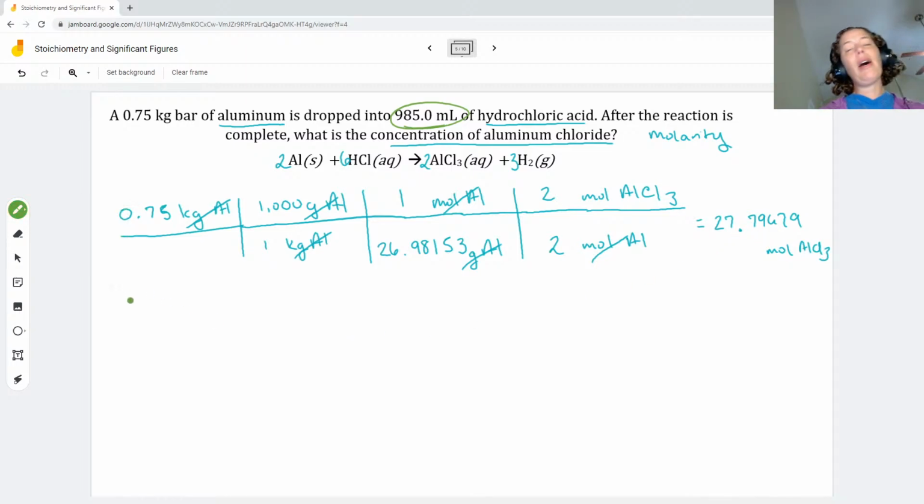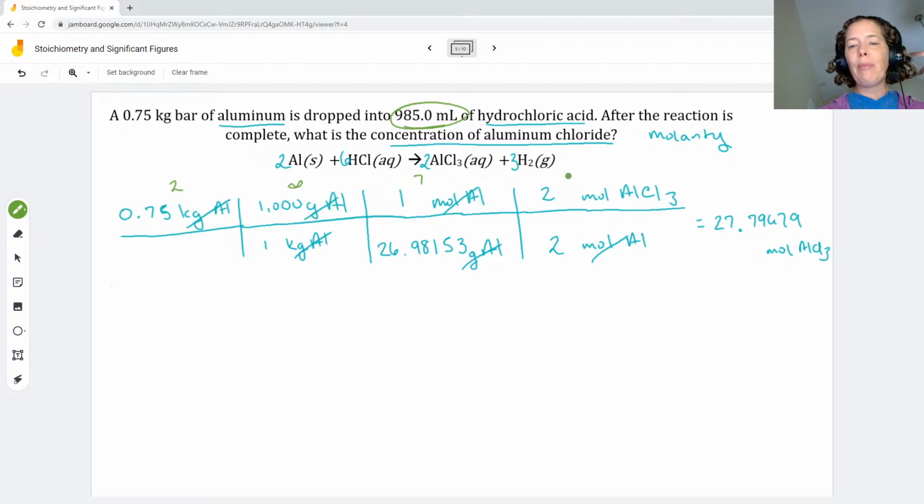Now, because I am not finished with this calculation, I am not actually going to round it. I'm just going to put a little line underneath where I need to round. So let's talk about sig figs. I started with 0.75 kilograms of aluminum. That has 2 sig figs. This conversion factor here is an exact conversion factor, so it has an infinite number. My molar mass of aluminum has 7 sig figs.